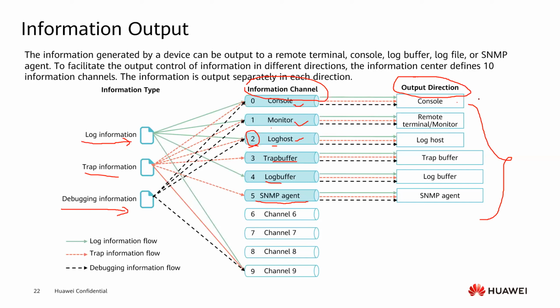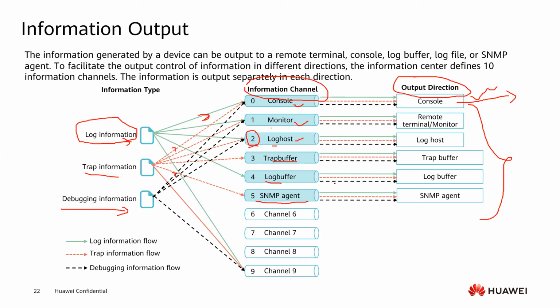If you use the console interface to log in to your device, you can see all the information, because these lines all point to the console channel.